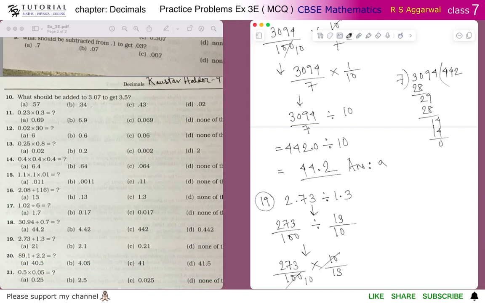So in the next video I will try to solve the chapter test, test paper 3 on page number 53 of the textbook R.S. Aggarwal. That will be a good practice.